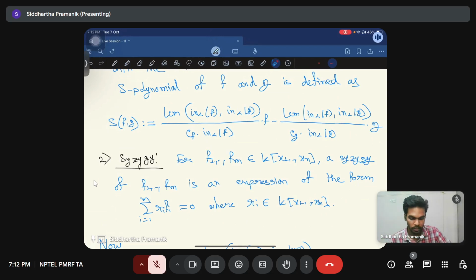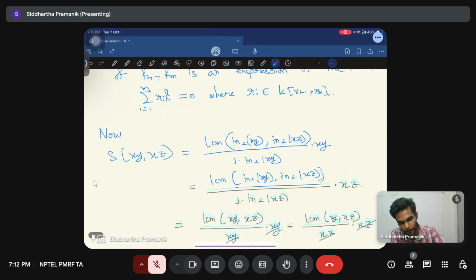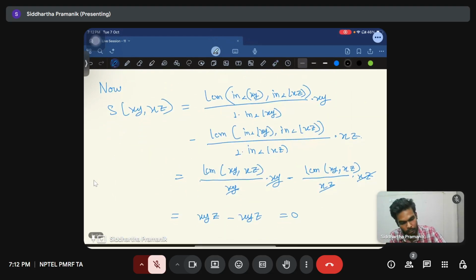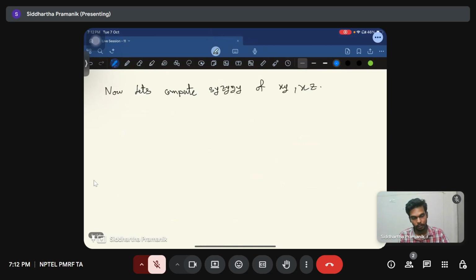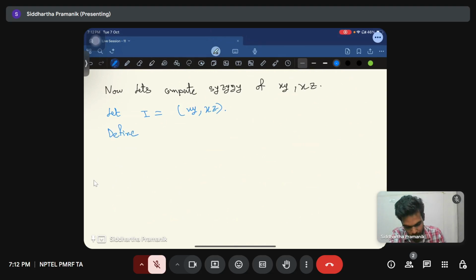So how to do this one? Let I be the ideal generated by xy comma xz, and define the map phi from R squared to I.